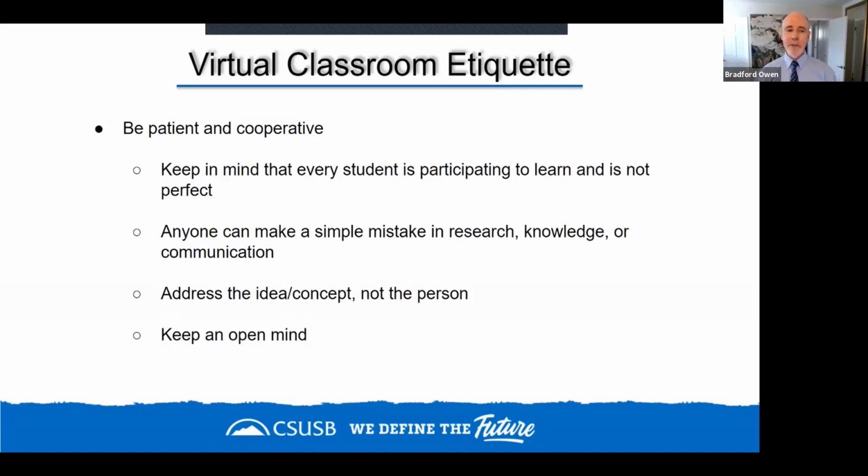Keep in mind the possibility that your peers may make mistakes in their communication, in the content of what they write. And in terms of keeping the discourse civil and respectful, always address the content of what is in the communication, so the idea or the concept. Don't address the person.